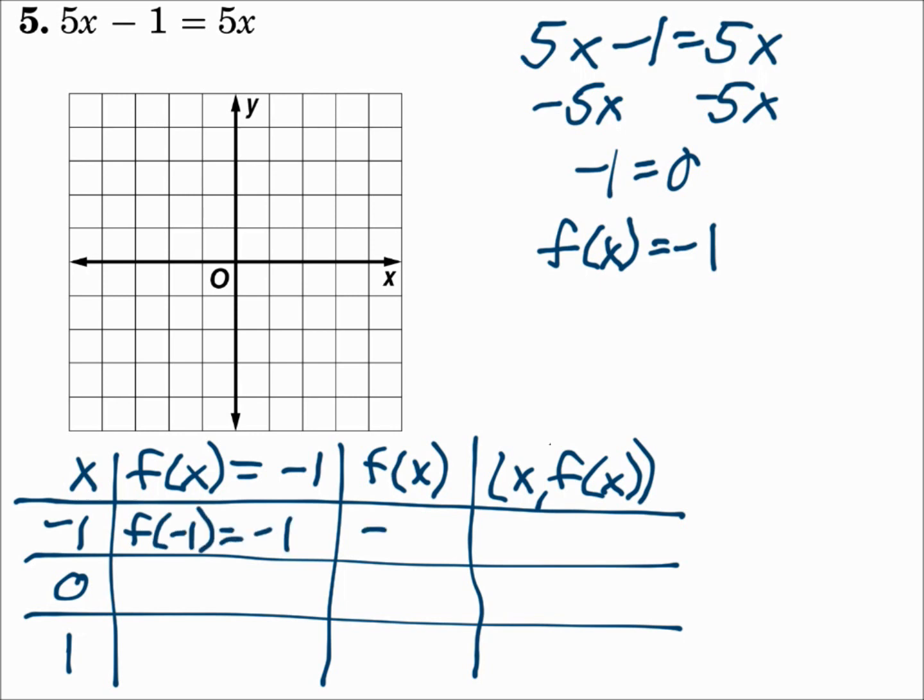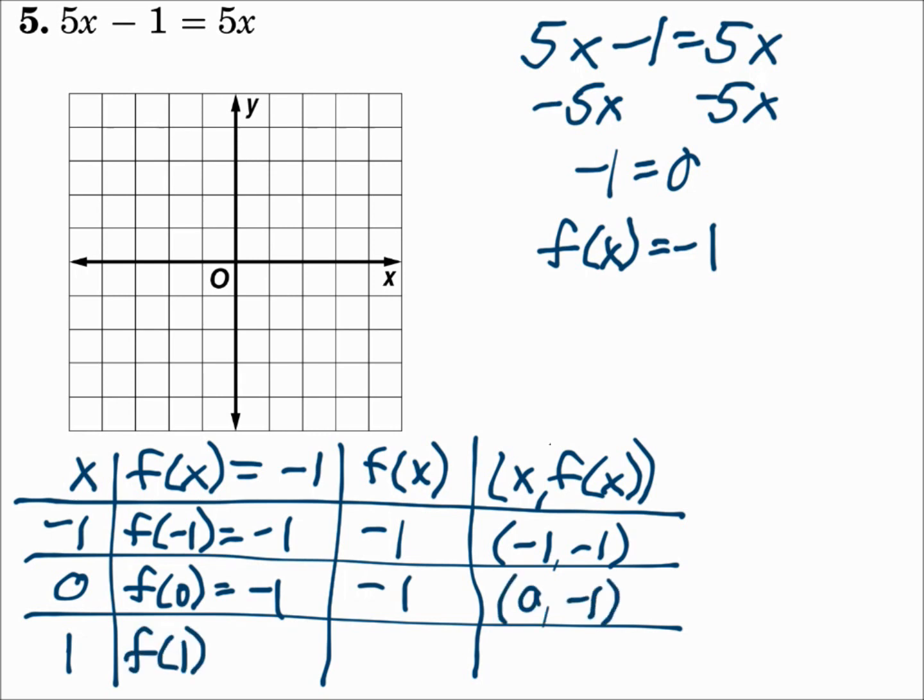So f of x is still negative 1, no matter what. When x is 0, f of 0, still negative 1. The point 0, negative 1. When x is 1, f of 1, still negative 1. No matter what x is, y is negative 1.